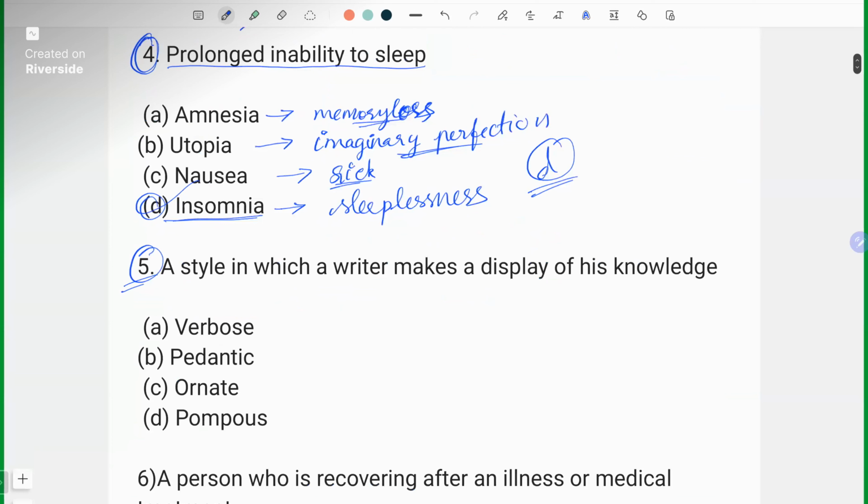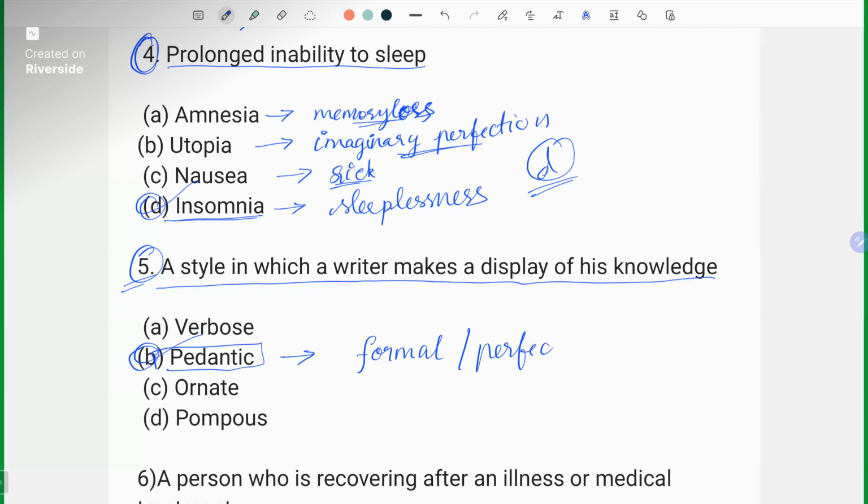Come to question 5. A style in which a writer makes a display of his knowledge. The word here is pedantic, which means a very formal, perfect, accurate usage of written language. That is the term pedantic.